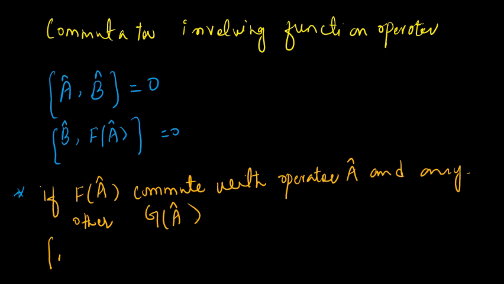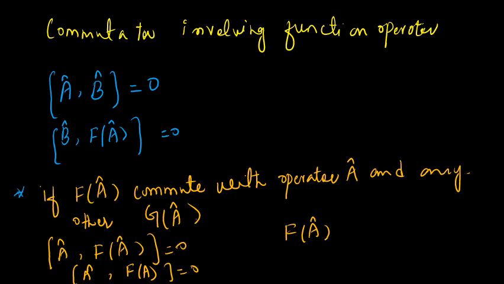Let's suppose that if operator A commutes with the function of A, or we can write it as A^n, and will also commute with f of A, then we can say that f of A will commute with any function operator g of A. So this is the second condition for the commutation involving the function operator, that is, f of A commutes with the operator A and any other function g of A. So it will commute with any other function g of A like this one if A^n commutes with f of A, the commutator will be equal to 0.